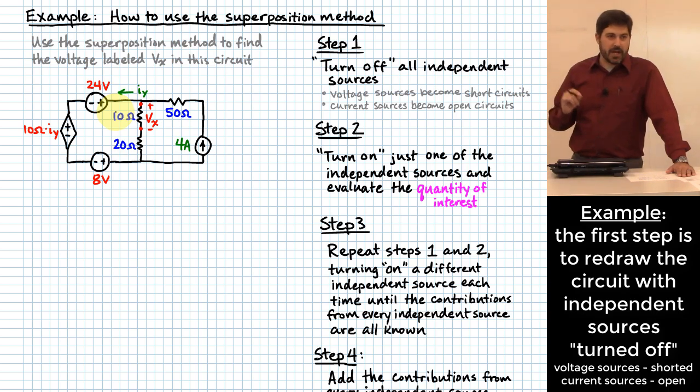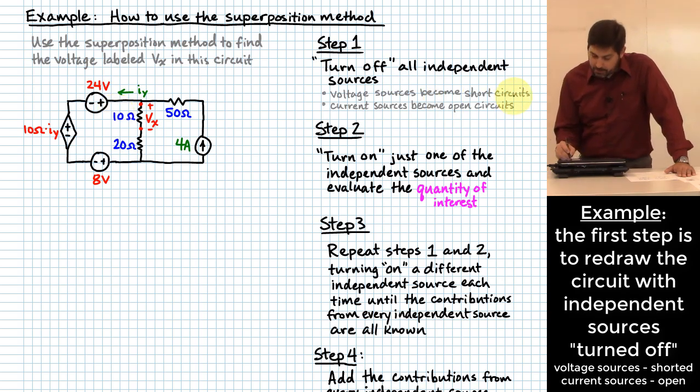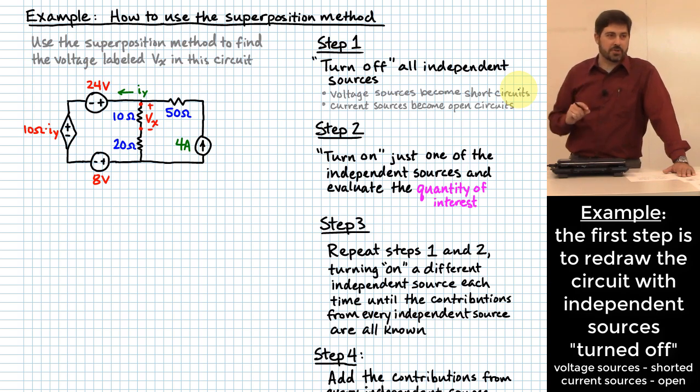What's the easiest way to ensure that you have the same voltage on the two ends of a voltage source? Make it a wire. A wire's job is to have 0 voltage across any two positions of that wire, assuming the wire is resistance-free. So that's where I say here, voltage sources become like short circuits. You replace them with essentially a little wire jumper.